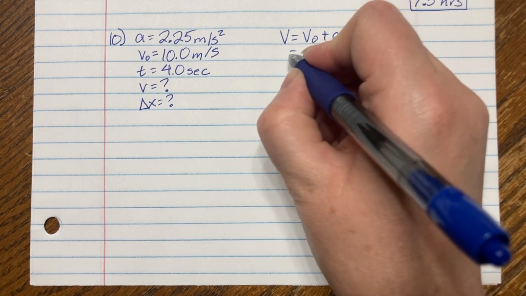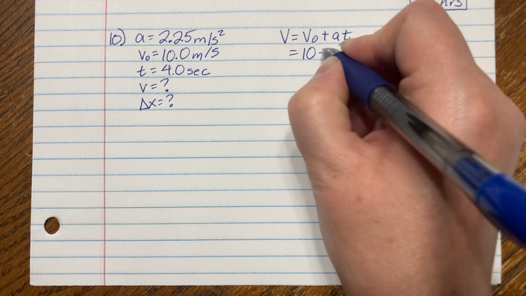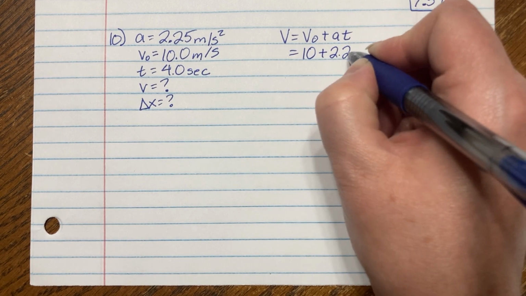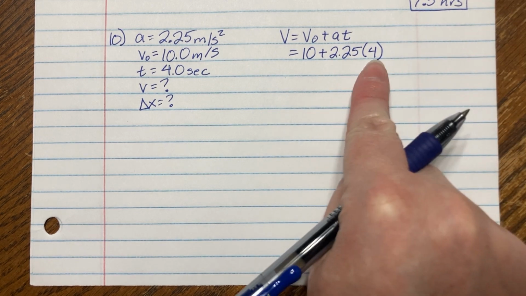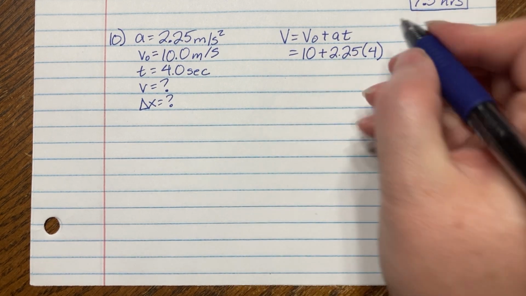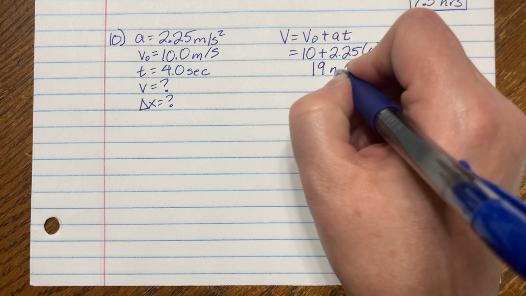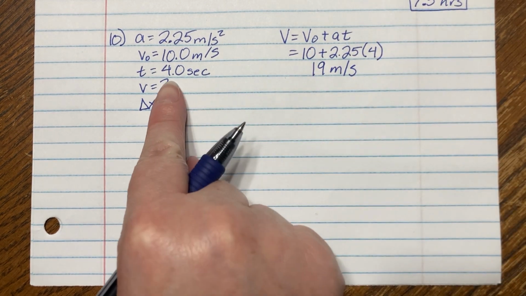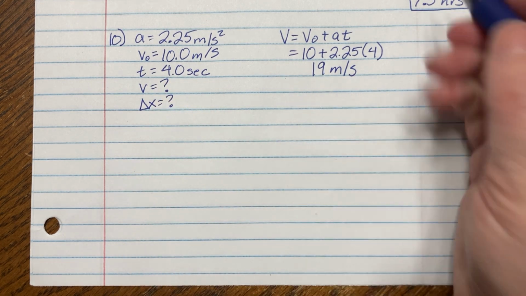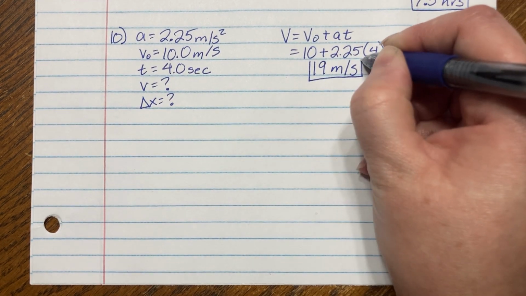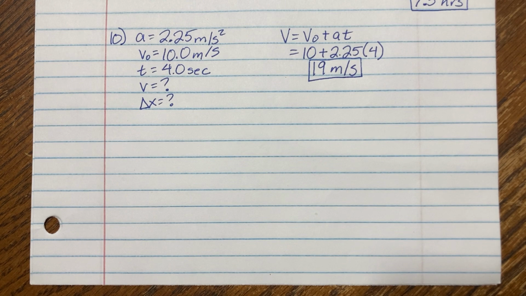So we take our 10, plug it in there, our 2.25, our 4 seconds, multiply that, add 10 to it, and I end up with 19 meters per second. Looking at my sig figs, my least precise measurement is 2 sig figs, and that has 2. Great. So you're going 19 meters per second at the end.